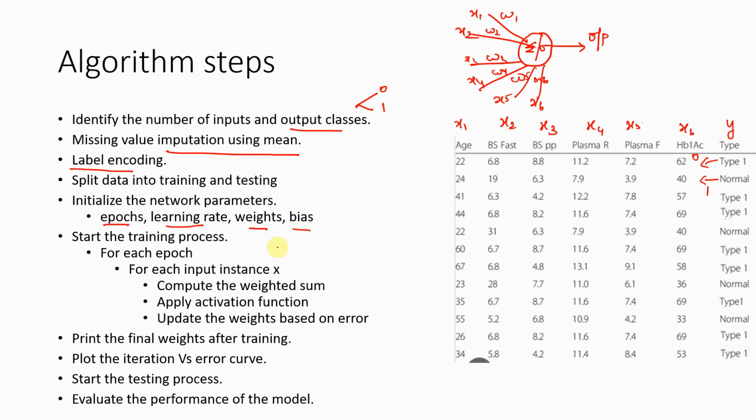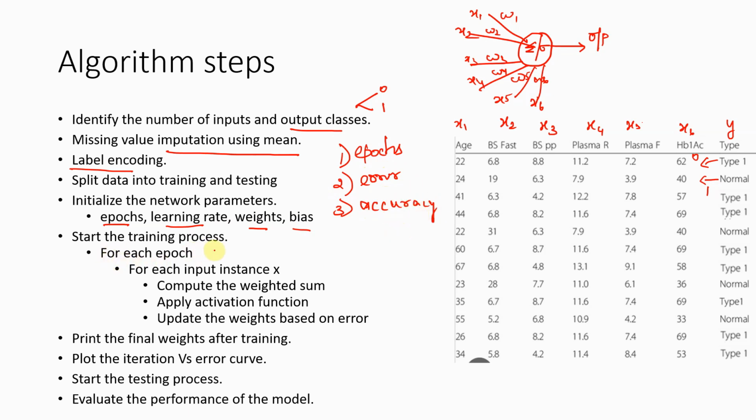Whenever you train the algorithm, you can stop it in three ways: when the epochs are reached, that is the number of iterations is reached; when the error reaches some threshold, so if you reach a minimum error you can stop; or when you reach a required accuracy, then also you can stop the training process.